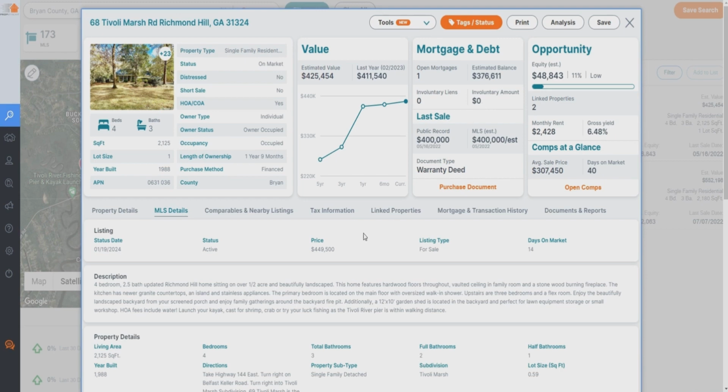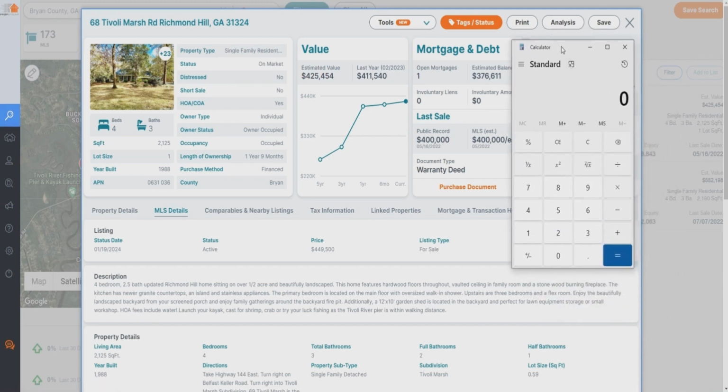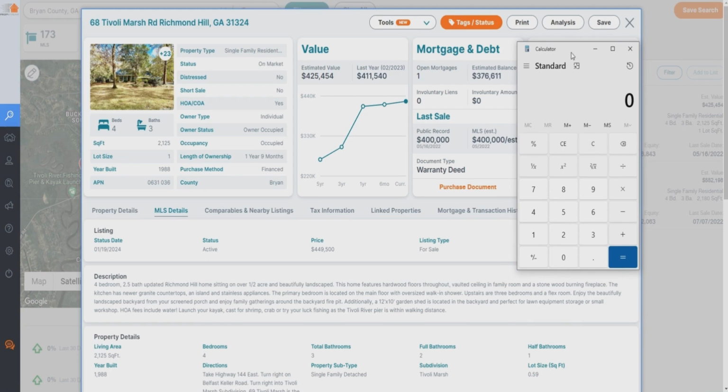Now, if you wanted to, I suppose you could just take down the property subject to as a whole and not give the seller any type of equity. So what I mean by that is we could take $376,000 and add $45,000, and that would put us at a purchase price of $421,000.